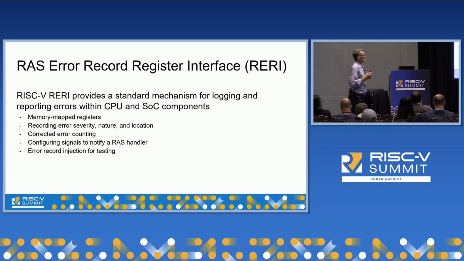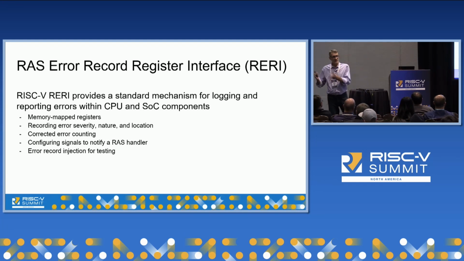This is focused on two things: the logging of information about errors that have been detected, and reporting those errors to system software. The RERI standard itself essentially amounts to sets of memory mapped registers that record various information about errors that have occurred. Oftentimes, that also includes being able to count the occurrences of corrected errors.